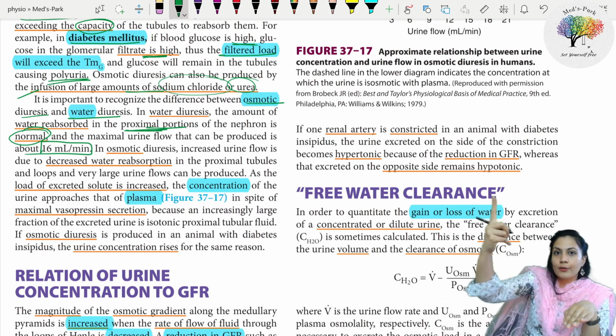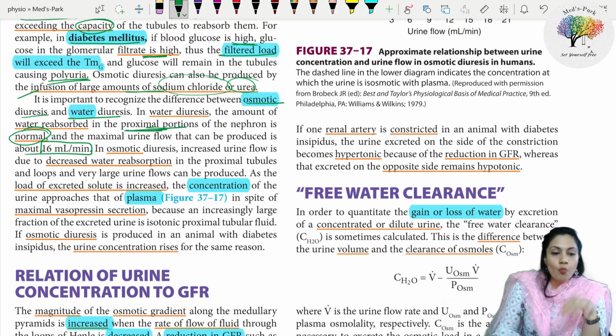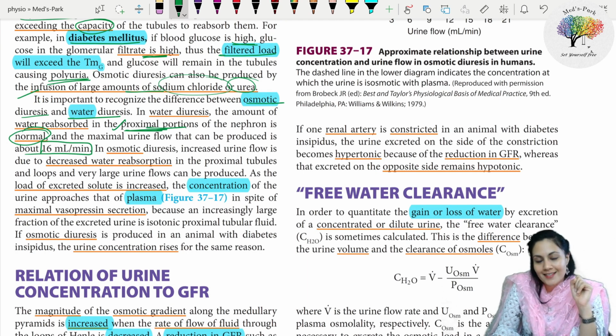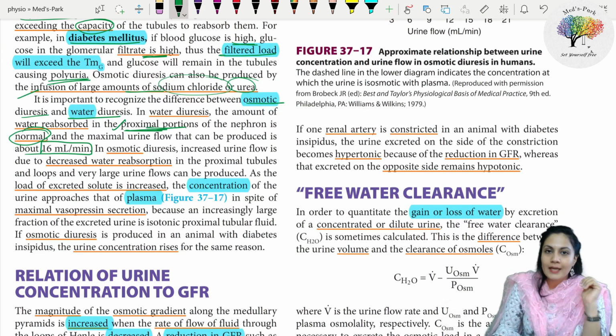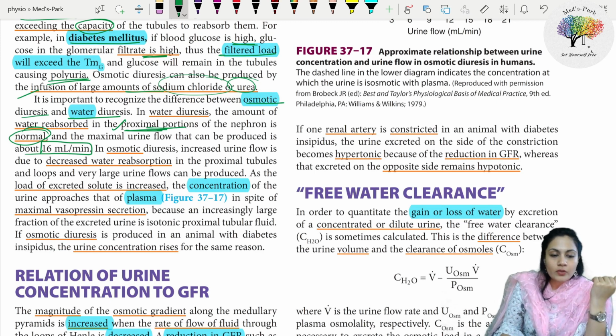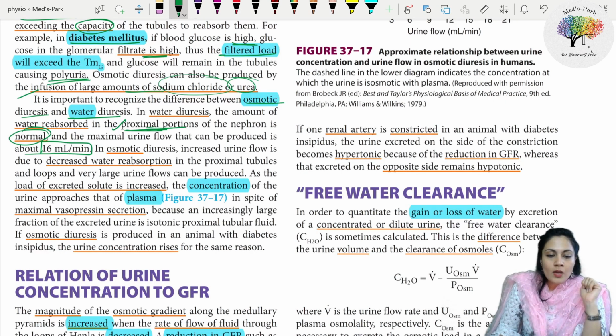In water diuresis, it is going to be normal. So why does water diuresis occur? Because more water is coming into the filtration, right? That means if the person is drinking more water, that is going to come into the urine, but it won't affect the other things. So there is not going to be much urine production.